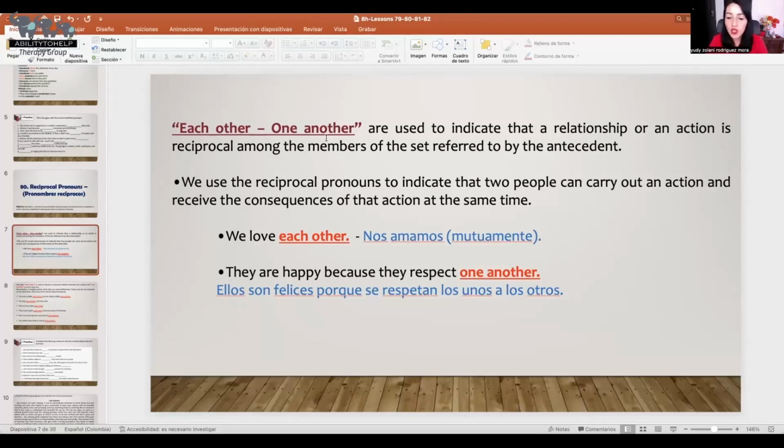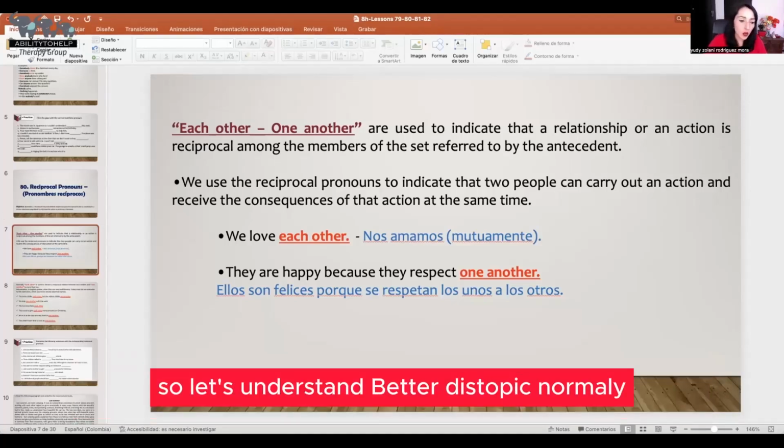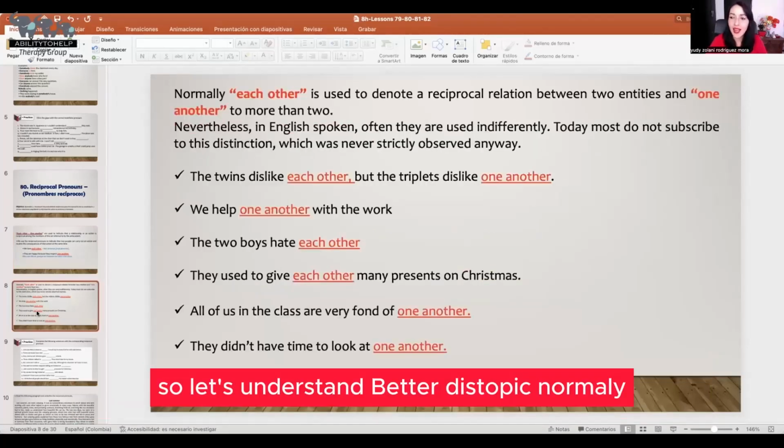But when you say one another, it is because there are many people, more than two, okay? They are happy because they respect one another. Yeah? So let's understand this topic better.